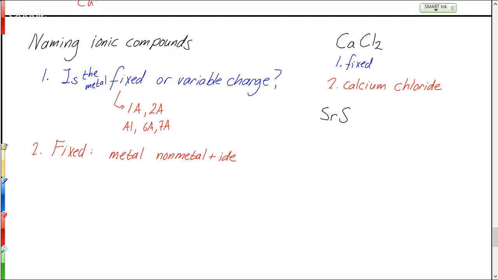Good try. I mean, the technique was correct. I think you looked up the name right. Anybody look it up? What's Sr? Strontium, yeah. So then the name would be?